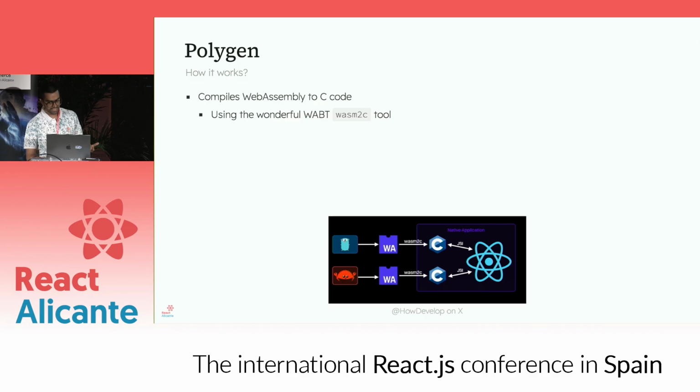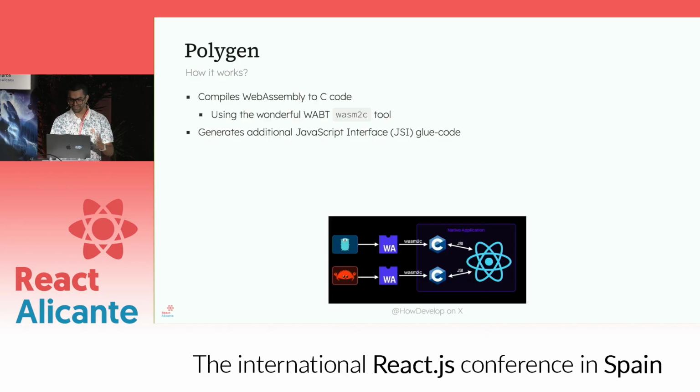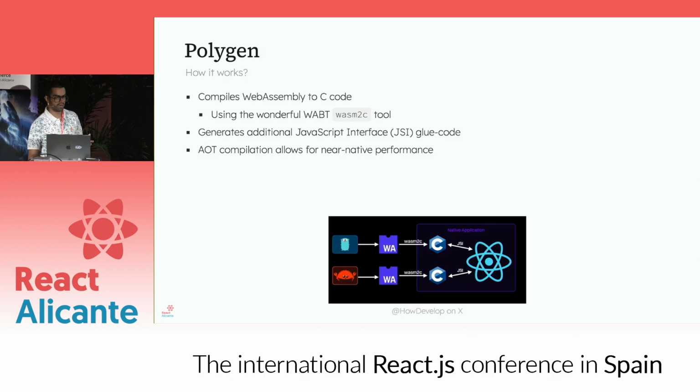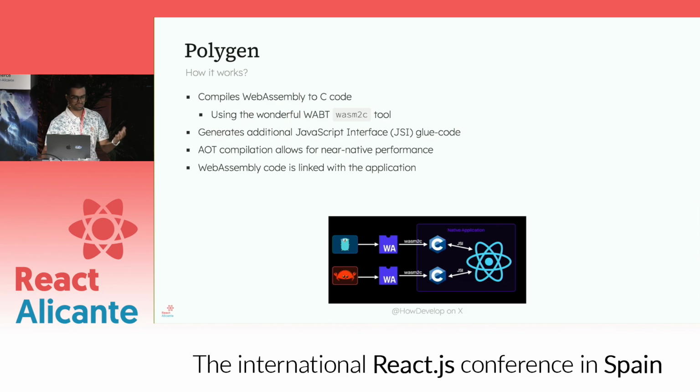So we compile our WebAssembly module into C using the WASM2C tool that's provided by the WebAssembly binary toolkit. And then to connect it with React Native, the generated C code is glued with our JSI. And this glue code is also generated for us. Then we are able to get ahead-of-time compilation so that we don't have to worry about just-in-time compilation, because that's not supported or not recommended with iOS apps.